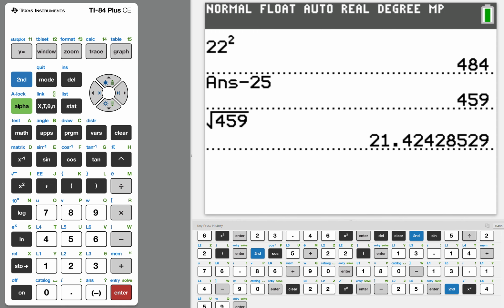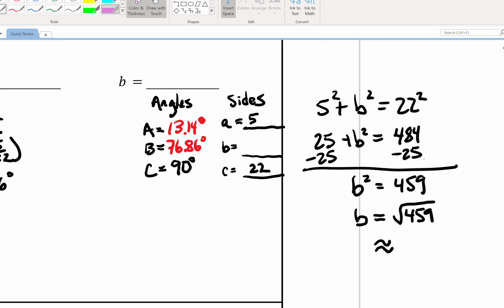Yeah, it's a decimal. So this is 21.42, and this is the 2 in the hundredths place. So the 4 next to it rounds it down, 21.42. So this is approximately 21.42, and that's what b is. We found that with the Pythagorean theorem. So let's write that in here.